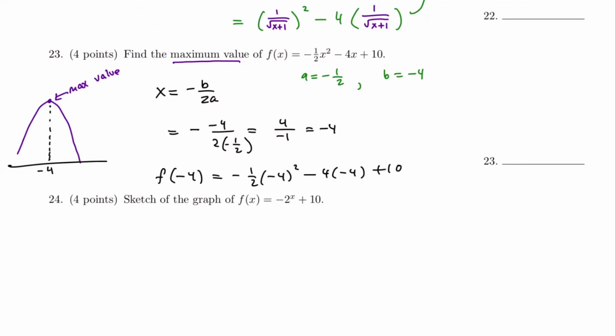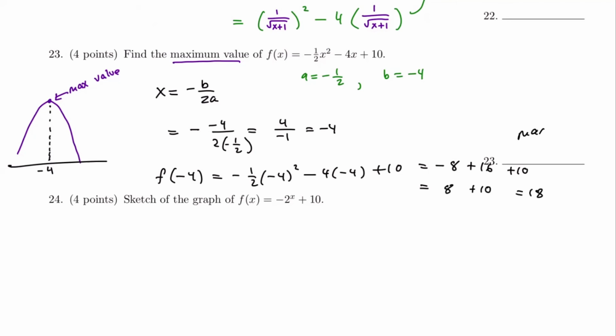All right, so this will give us how much? (-4) squared is a +16 divided by -2, that's a -8. And then -4 times -4, that's +16 and plus 10. So this will give us -8 plus 16, that's +8 plus 10, which gives us a value of 18.